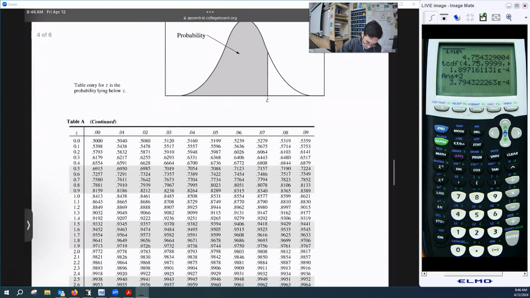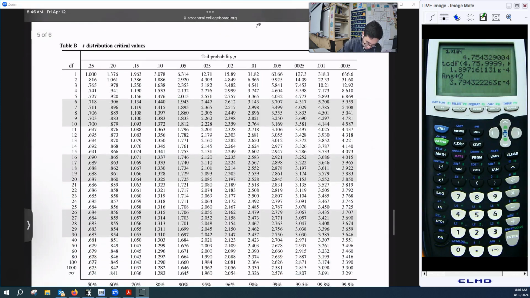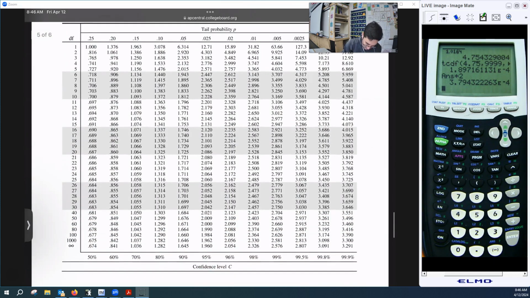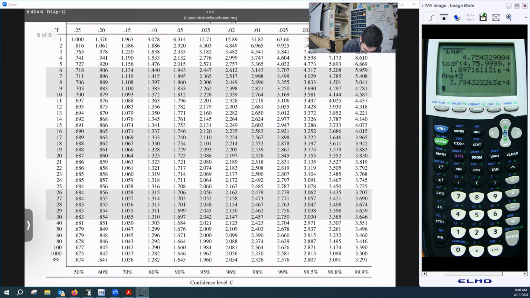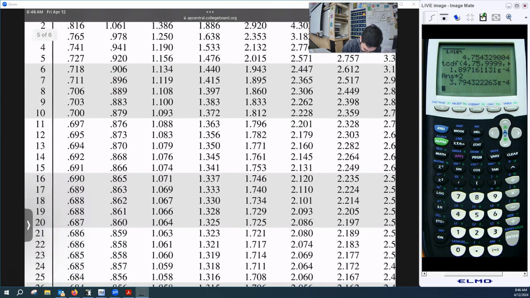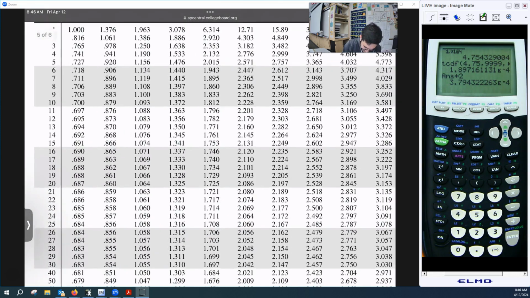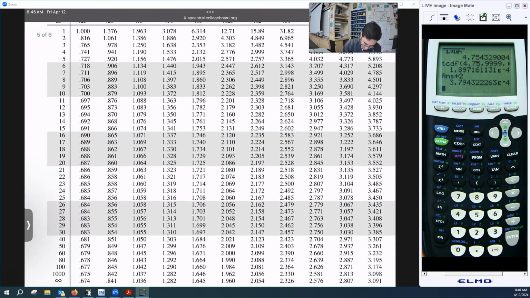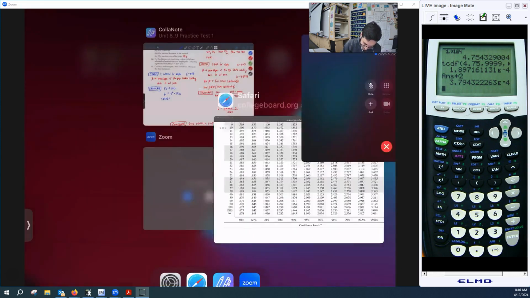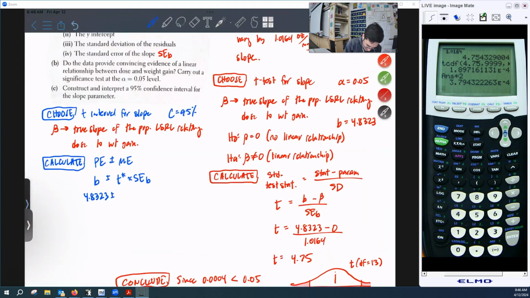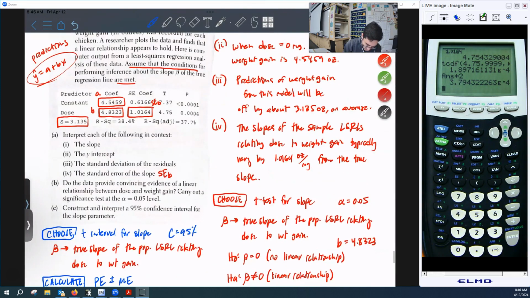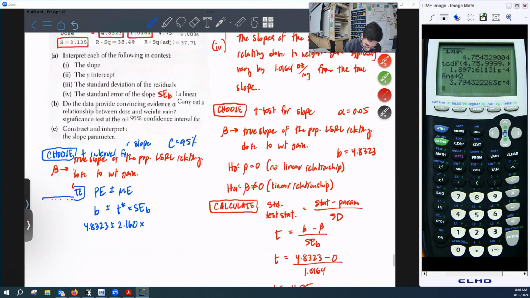Let's go to the t distribution. Okay, so 95% and 13 degrees of freedom is 2.160. It's hard to show you there, but it's 2.160. 2.160 times 1.0164.